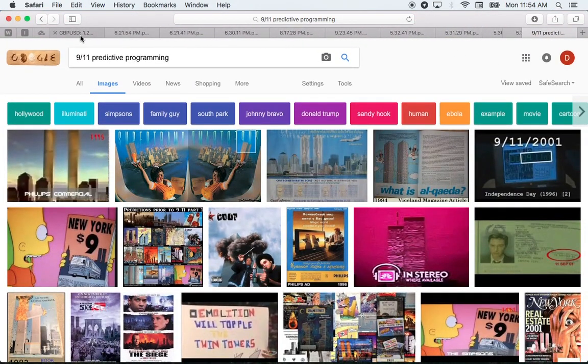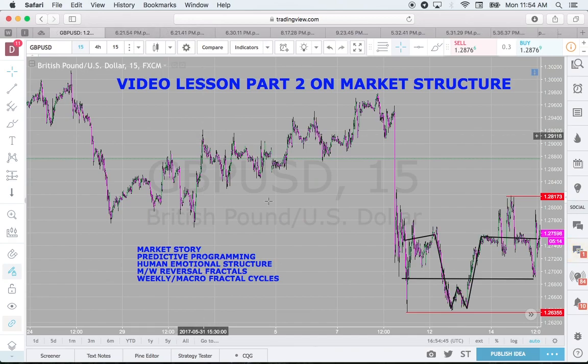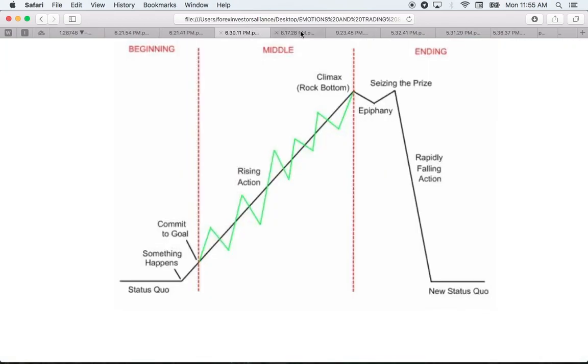So many different predictive programming scenarios. So what does this have to do with the market, you say? Well, if the market mimics the structure of a story or a movie or a plot, a narrative, how many books have you read? How many books has your mother read to you when you were a baby? How many bedtime stories did someone read to you? As children, we were programmed into this structure.